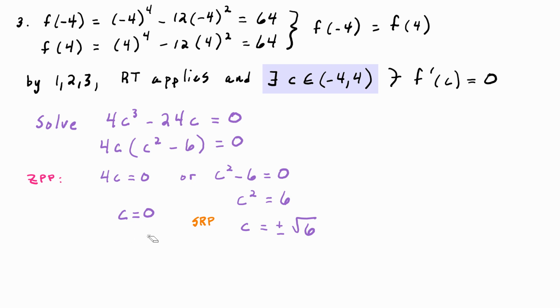Well, certainly c equals 0 is in that interval, and we know that radical 6 is approximately equal to 2.4. So then positive and negative 2.4 would fit in this interval. So then that means that the values of c that we found all work, 0 and plus or minus radical 6.